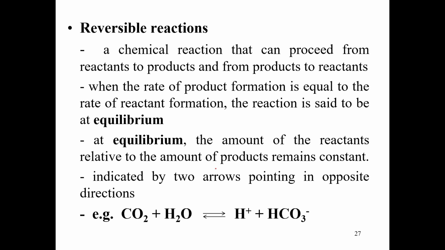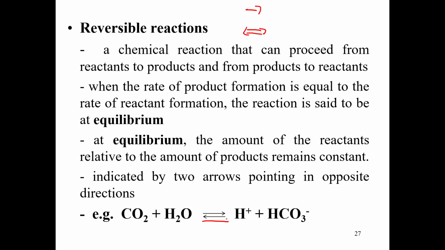Take for example this one. Earlier I introduced you to the single-headed arrow. If you have double-headed arrows, it means that the reaction can go from left to right or right to left. However, there is an equilibrium point. What is an equilibrium? It means that the rate at which products are formed is equal to the rate at which the reactants are regenerated.